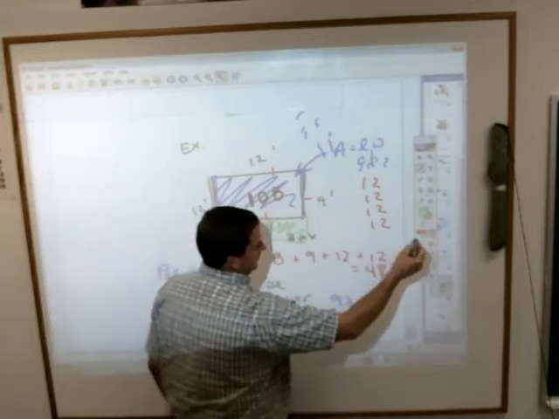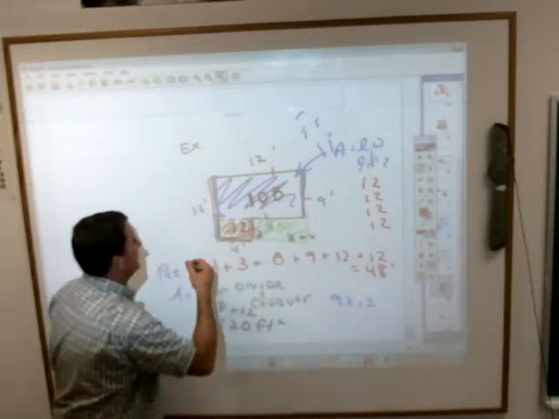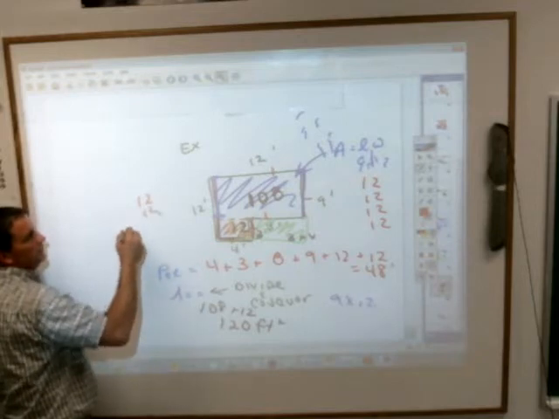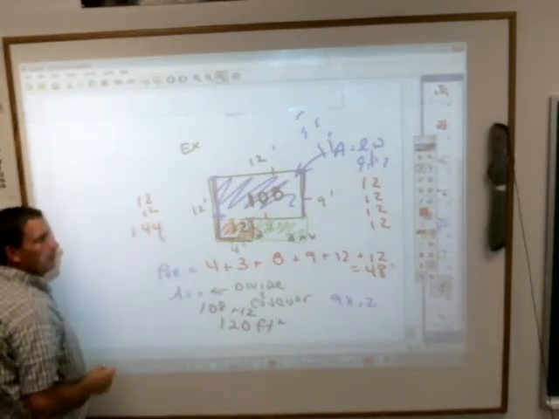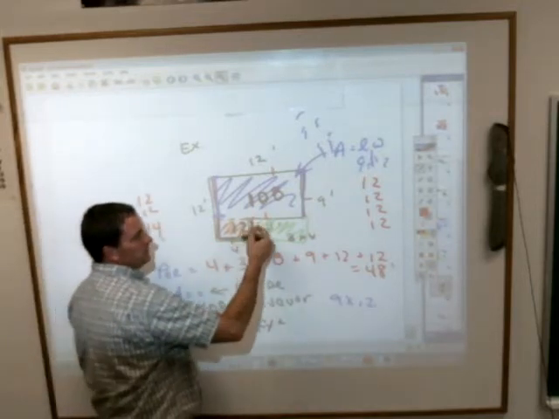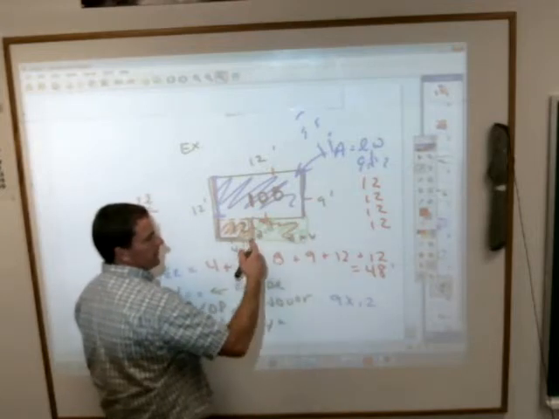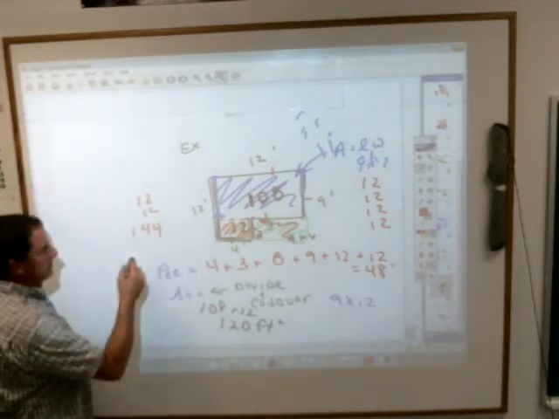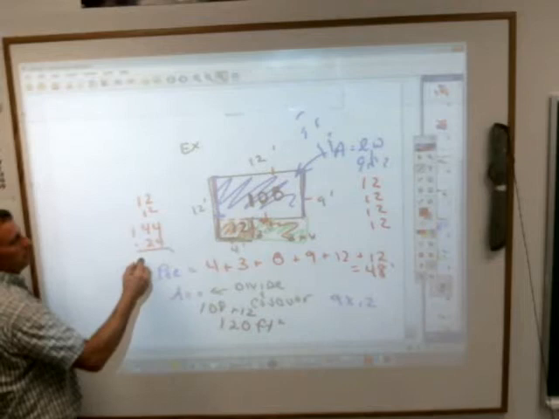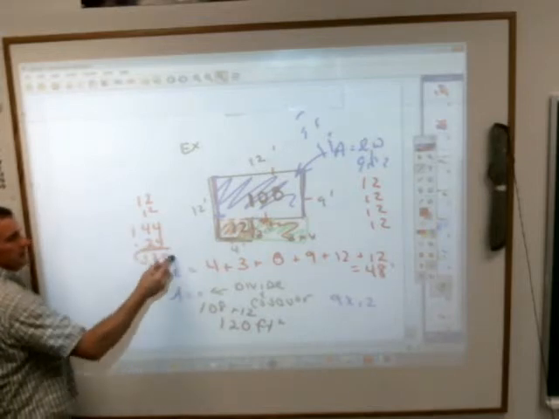In other words, if you took the big square, the 12 by 12 square, you'd end up with an area of 144, and then you would just have to remove this little block here, which is a 3 by 8 block, minus the 24.